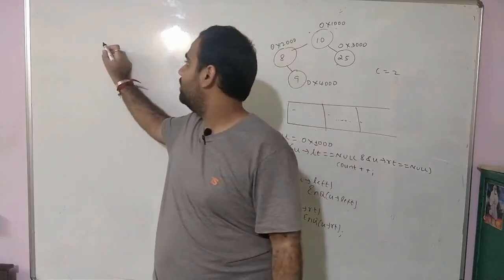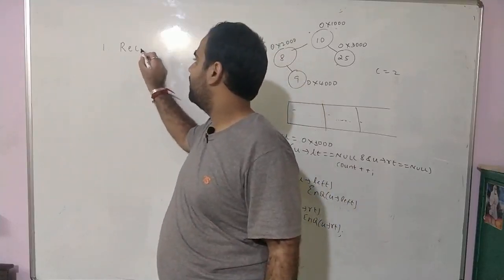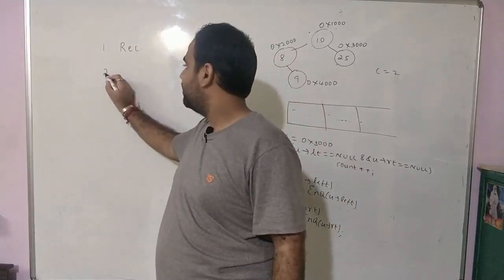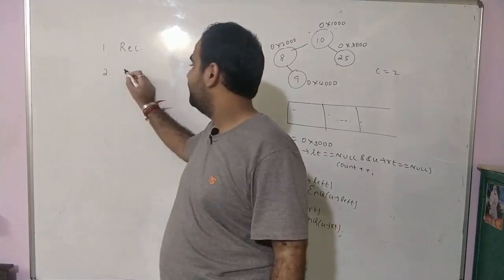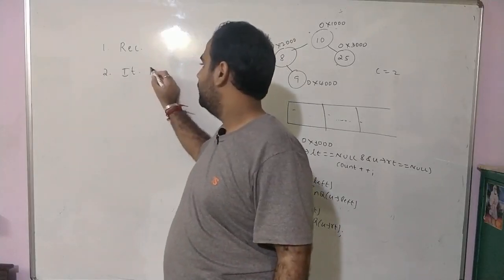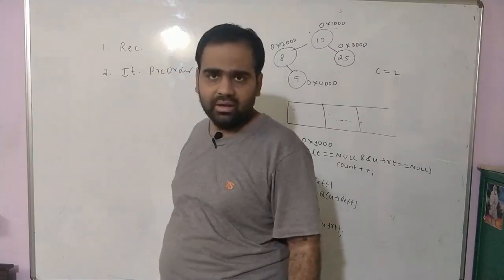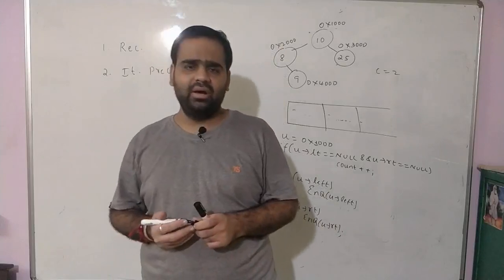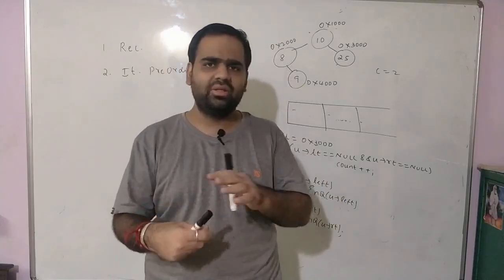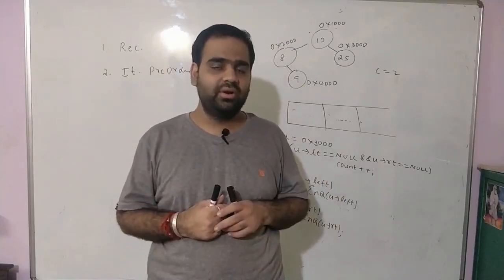If you want to write down, the first one is the number of leaf nodes using recursion, and the second one is the number of leaf nodes using iterative pre-order traversal of the tree. These two are assignments. We have other two assignments as well, and as I go, I will say about the other two assignments.